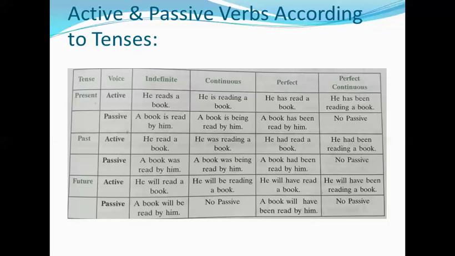In future perfect tense, if a sentence is, he will have read a book, the sentence changes into the passive voice, a book will have been read by him. In future perfect continuous, if the sentence is, he will have been reading a book, no passive will be made.